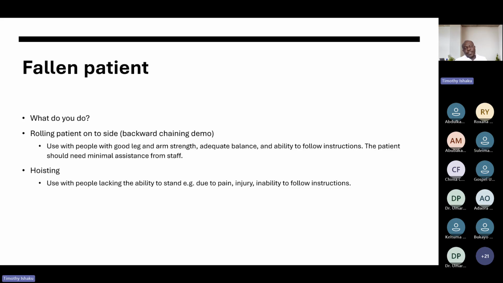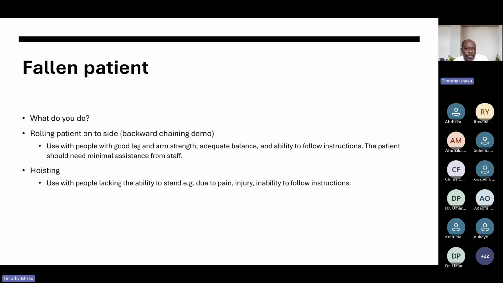That's an excellent question. First of all, well done for doing that, because the whole idea of backward chaining is to enable the patients to do it themselves. While you can try to do it with them, it's the enablement.